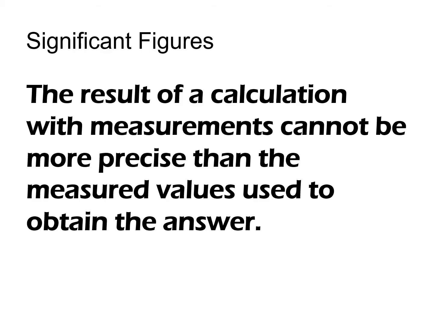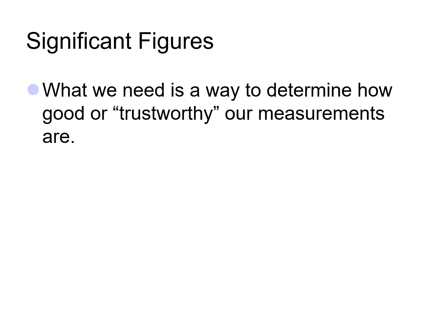The bottom line is, your calculator will give you a lot of digits, but many of those digits are meaningless, and it's up to you to figure out which ones mean something and which ones don't. So you have to apply significant figure rules. So how do you determine which of the numbers on your calculator are good or trustworthy?